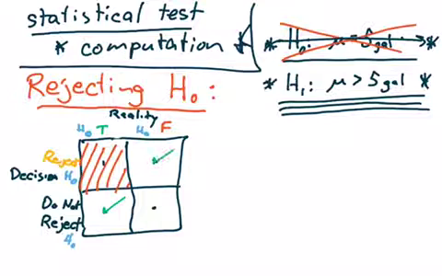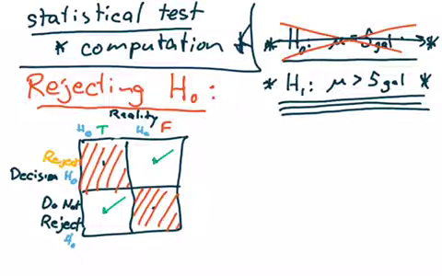Well, that's perfect. Okay? And then the other type of mistake is this. See? Here we are in the situation where H subscript 0 is not true, it's false, and yet we say, okay, it's fine, keep it.